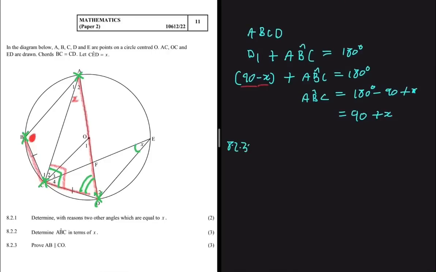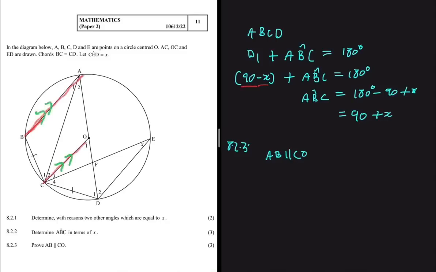And then last but not least, 8.2.3 says let's prove beyond reasonable doubt that AB is parallel to CO. So let's go ahead and look at AB and CO and see what we can do there. So we have AB here, and then this is CO. And they're telling us that these two are parallel, and we're supposed to prove that.